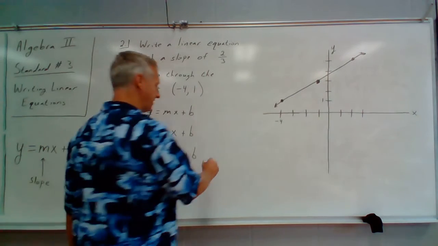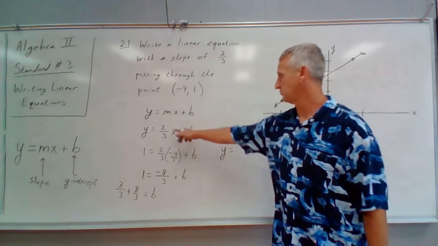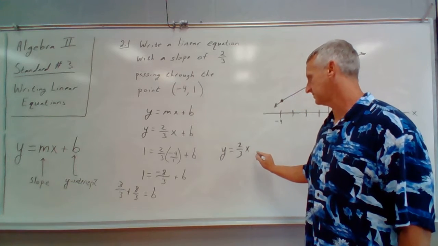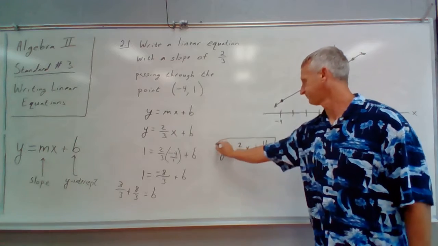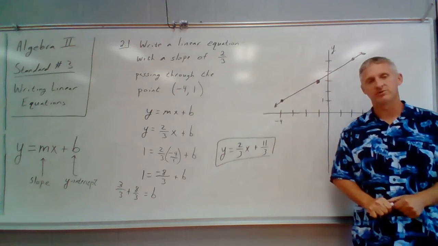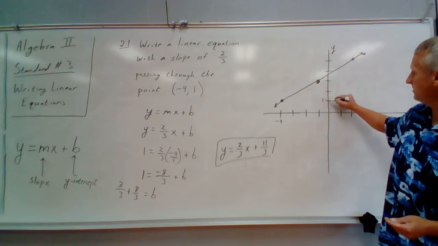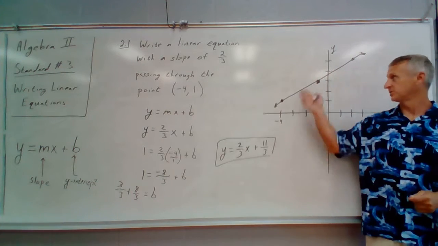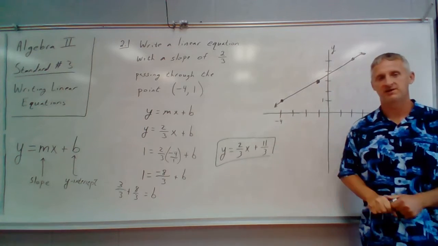Okay, so my final answer would be y equals, my slope was 2/3, so 2/3 x plus 11/3. 11/3 is almost 4. 12/3 would be 4. So it's almost equal to 4. 1, 2, 3, 4. And we see it goes through about where it should there. So it makes sense graphically with what we have here.